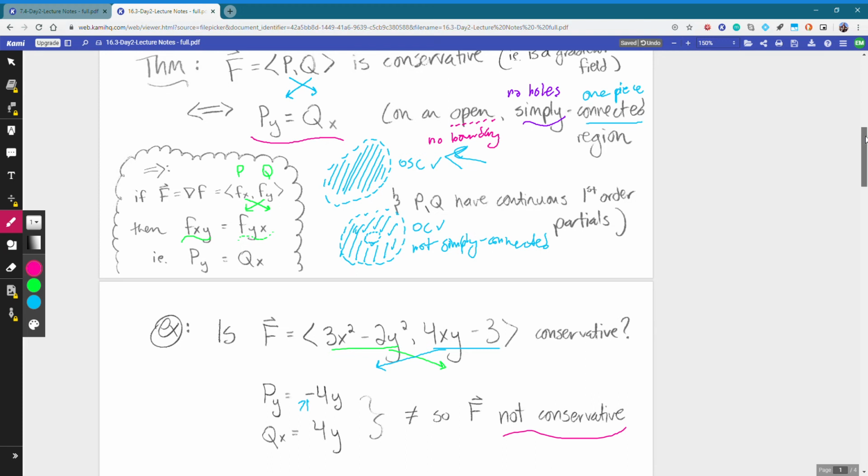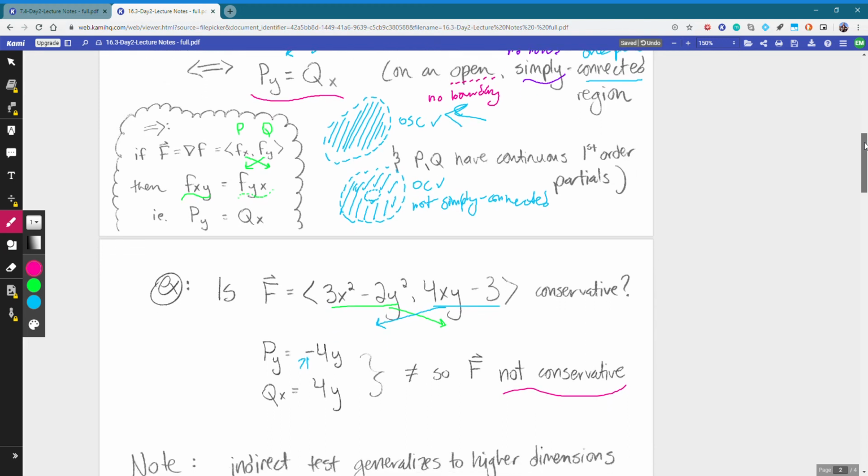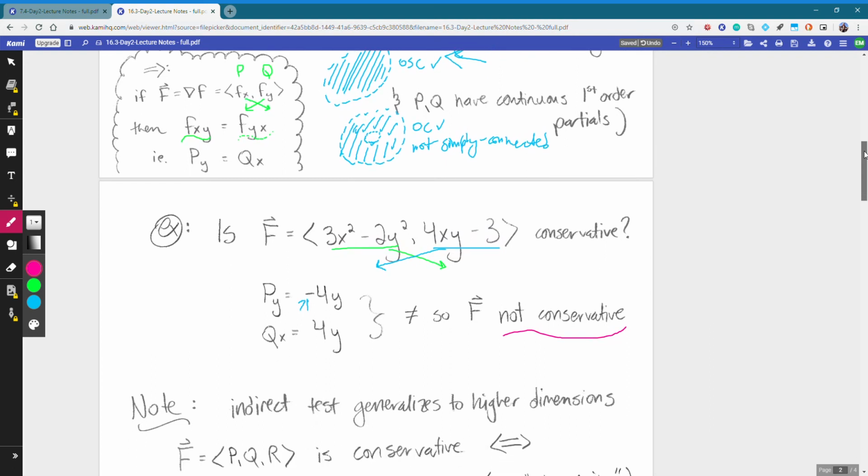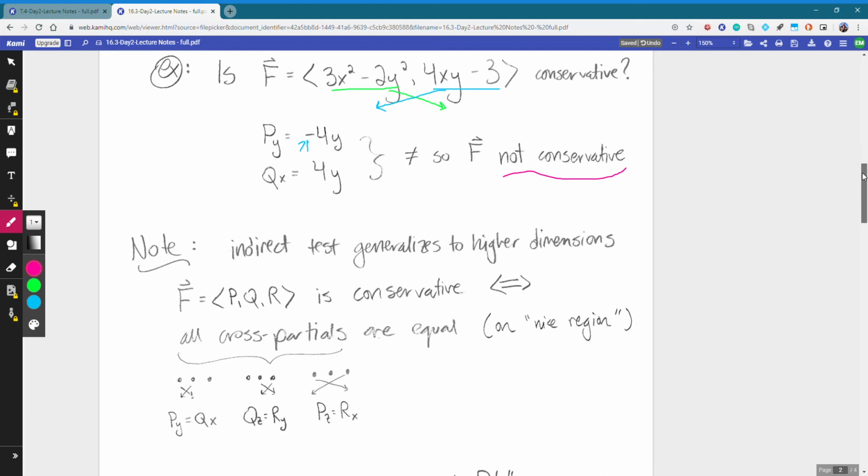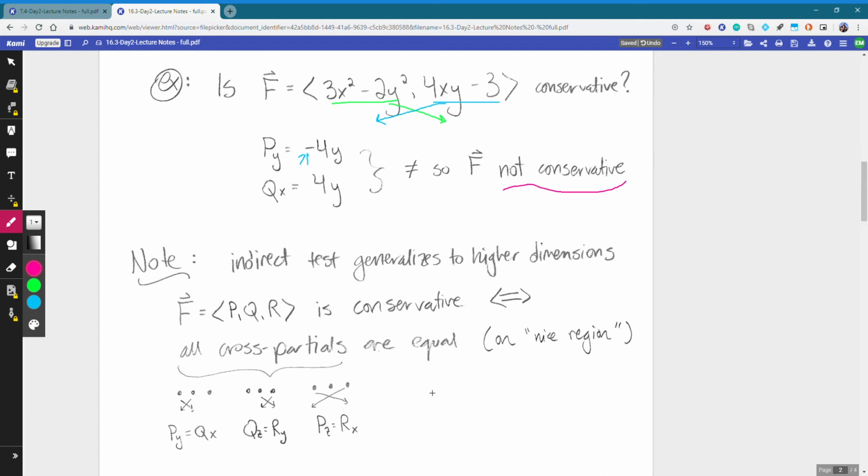So before moving on to our direct method, let me mention that this indirect test of cross partials does generalize nicely to higher dimensions, to vector fields on 3 space, even 4 space and beyond. Let's just talk about 3 space. It turns out the result is that our vector field is conservative if and only if all of our cross partials are equal.